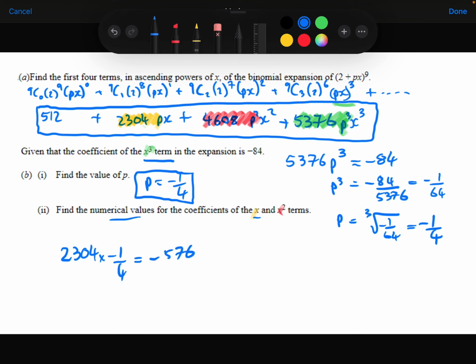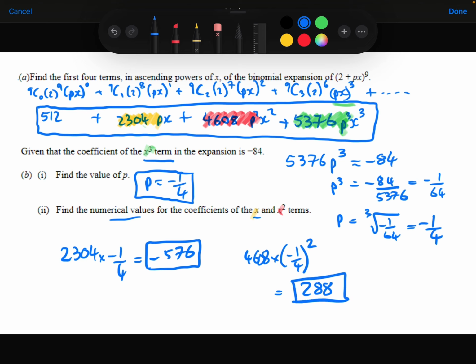So this is the coefficient of the x term. And the x squared term will be 4,608 times p squared, which is 288. So that would be the coefficient of the x squared term.